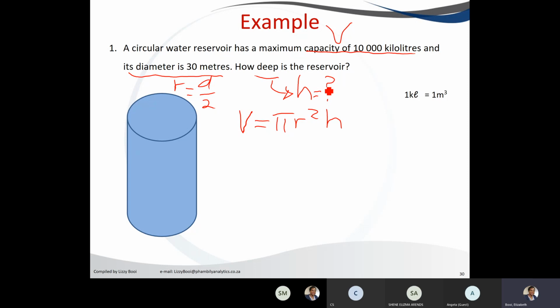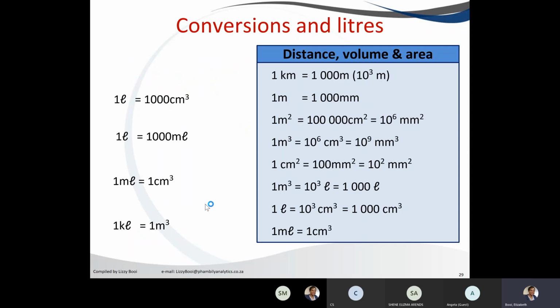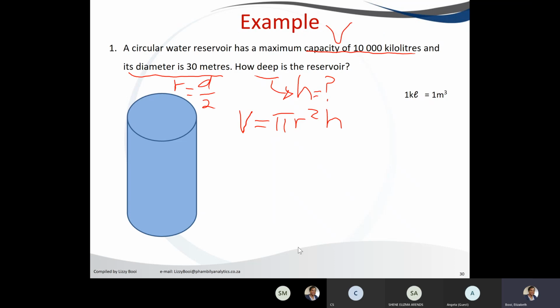And to do that, remember the previous slide? The previous slide said we know that 1 kiloliter is equivalent to 1 meter cube. So we can use that to convert. So we know that our 10,000 kiloliters is equivalent to x meter cube.